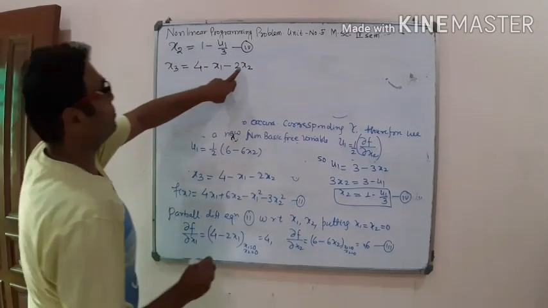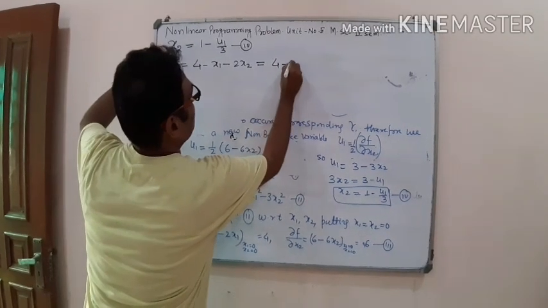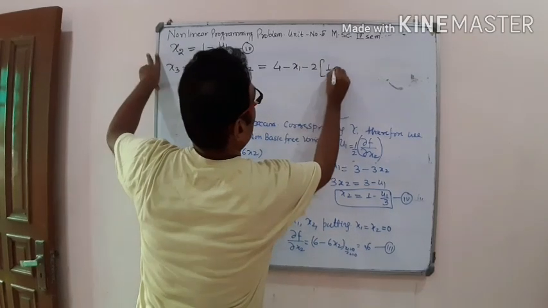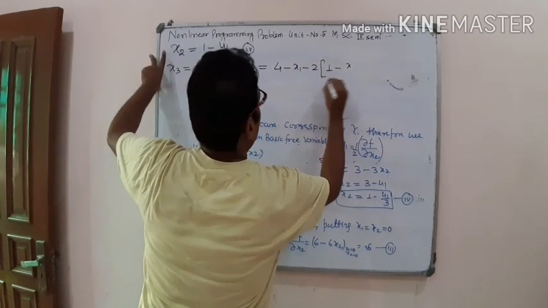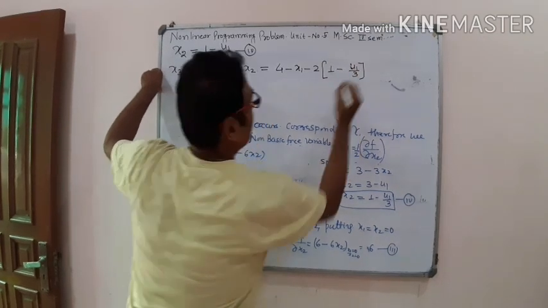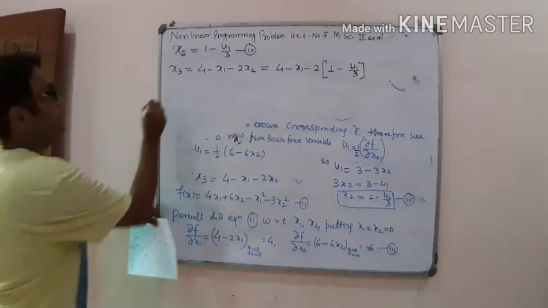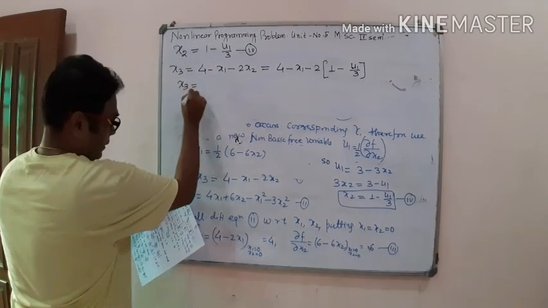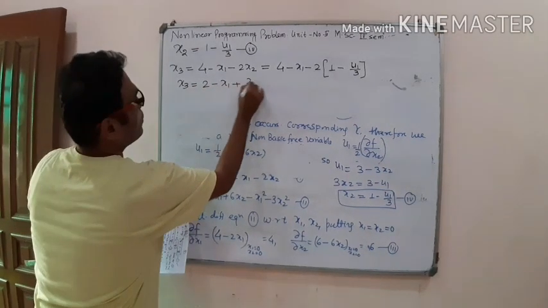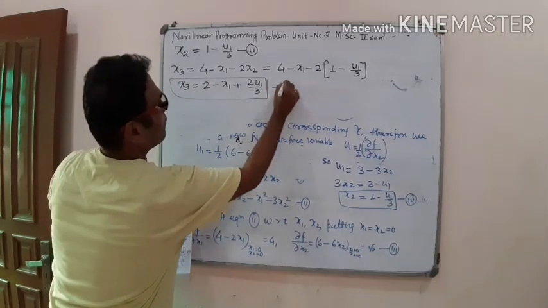Since x2 is 1 minus u1 upon 3, this expression can be written as 4 minus x1 minus 2 times 1 minus u1 upon 3. Now after simplification we have x3 equal to 2 minus x1 plus 2u1 upon 3. So it is your equation number 5.